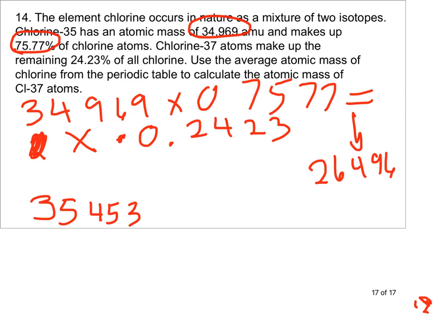And then we're going to subtract that off of here, 35.453 minus 26.496. The only difference is it's going to give me a negative value on the calculator, and I'll just ignore the negative value, and we get 8.957.